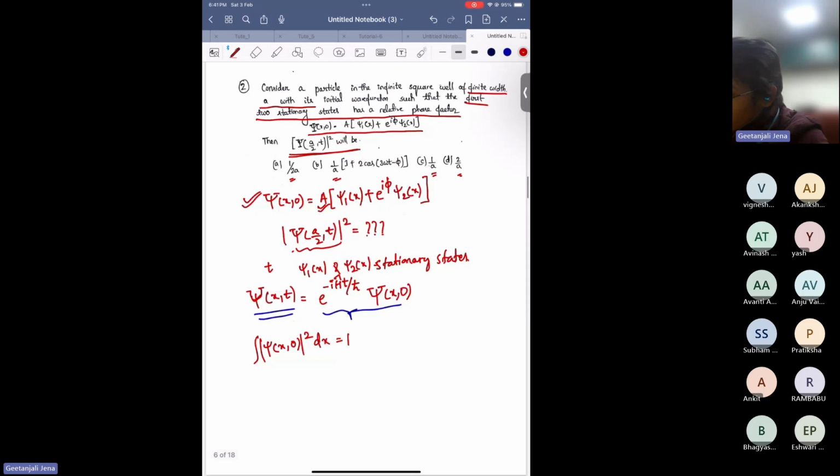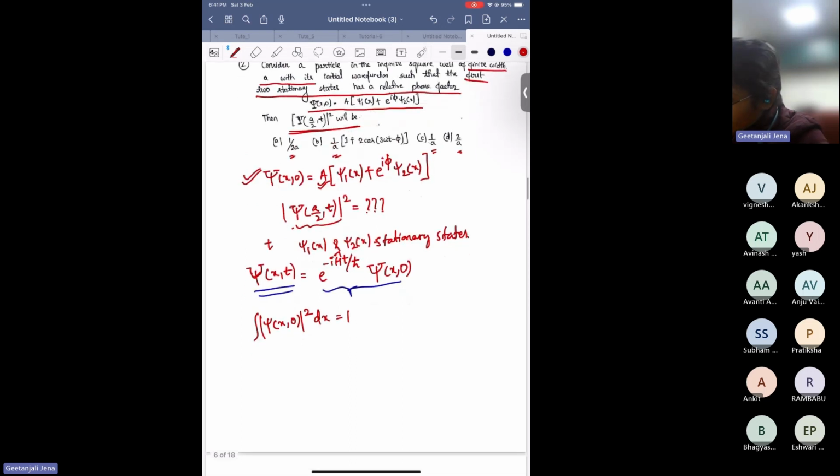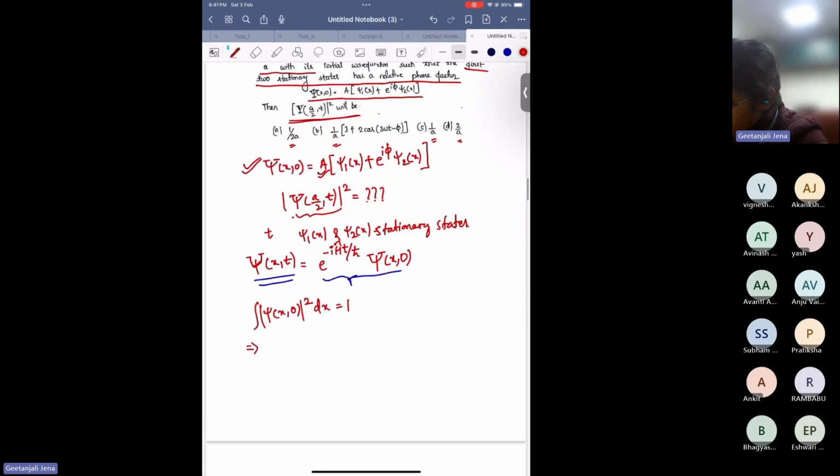Now this is nothing but you can write it as the integral of psi star (x,0) psi(x,0) dx equal to 1.